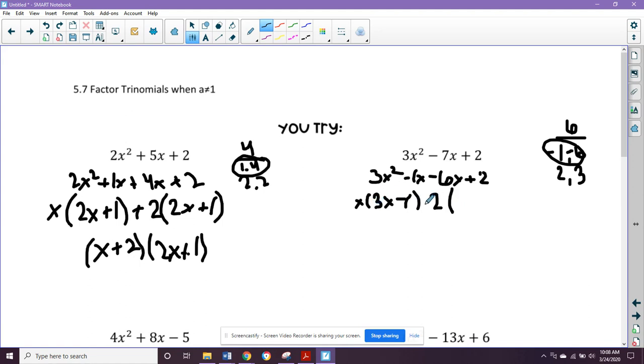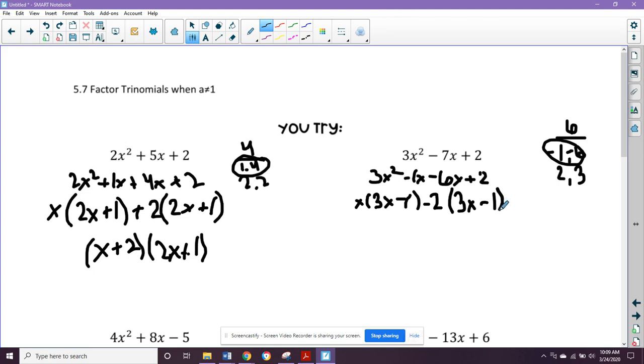So we need to take out a negative 2. If we take out a negative 2, negative 6x divided by negative 2 gives us a positive 3x, and 2 divided by negative 2 gives us a negative 1.